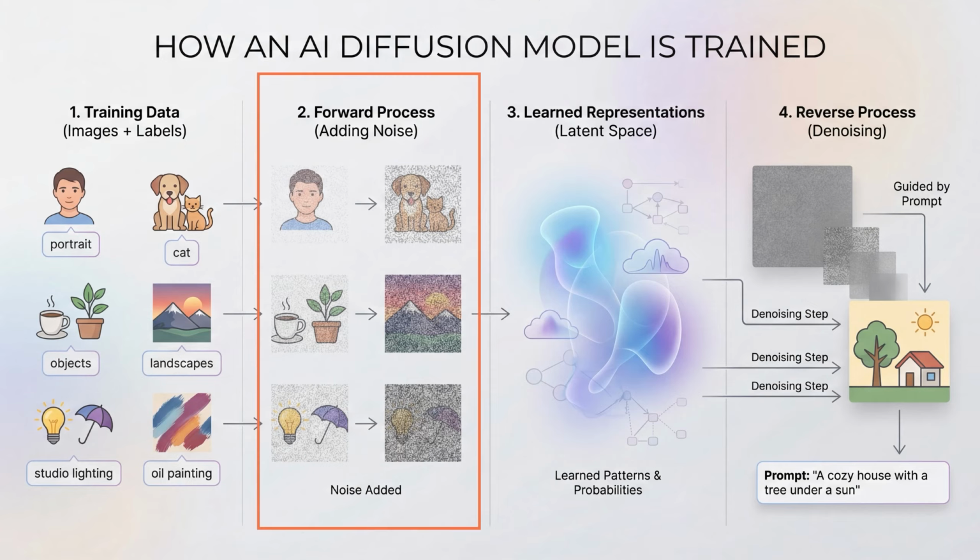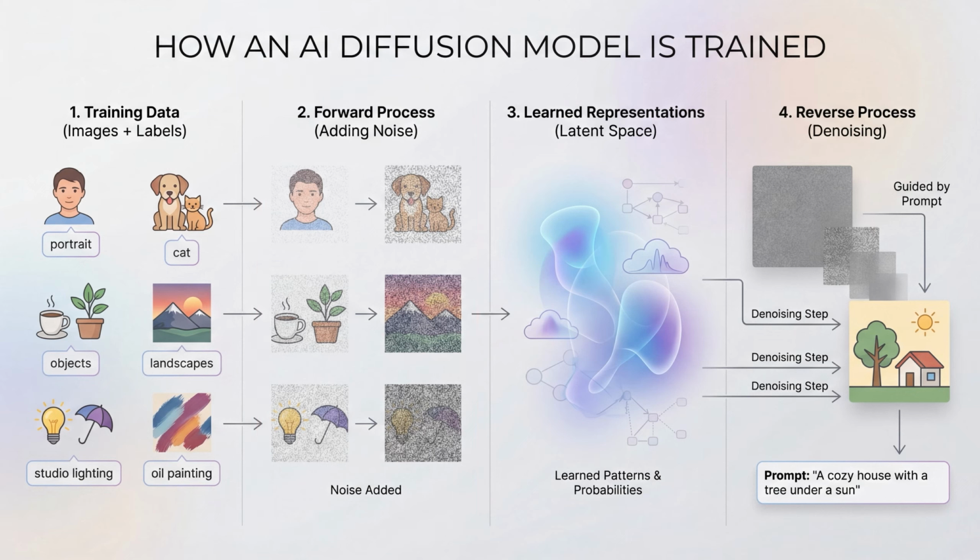Forward diffusion means gradually adding noise to a clean image. At first, only a small amount of noise is added. Then more noise is added step by step. Eventually, the image becomes almost pure noise. At each step, the model is trained to predict what noise was added. In other words, it learns how images break down as noise increases.